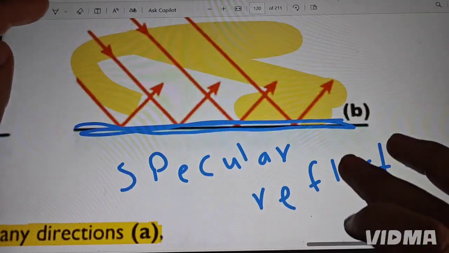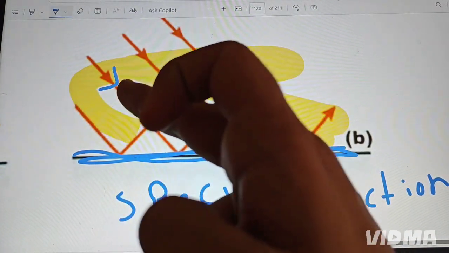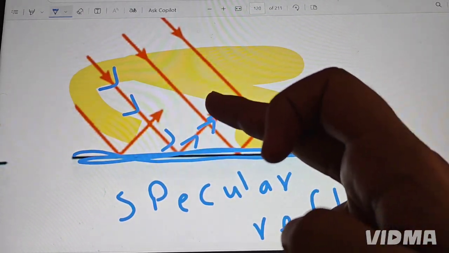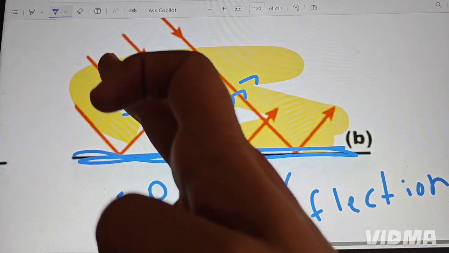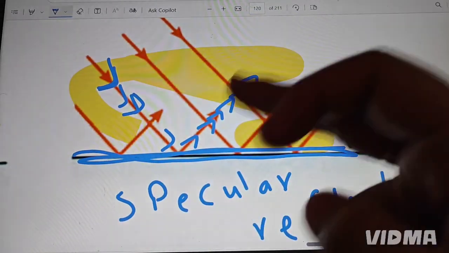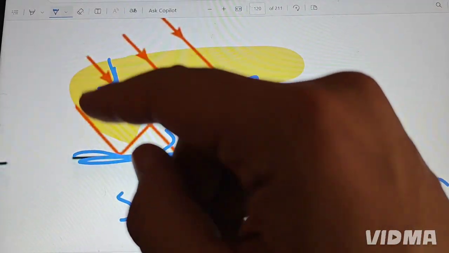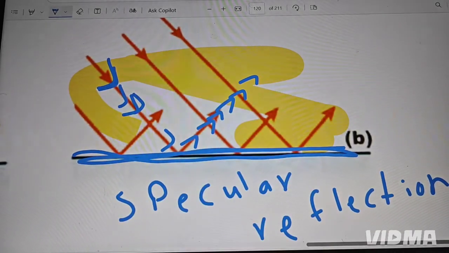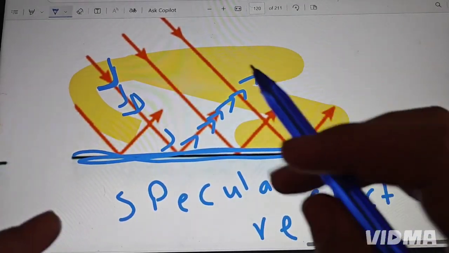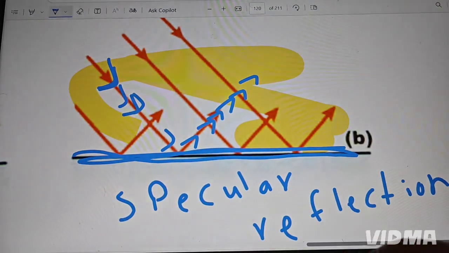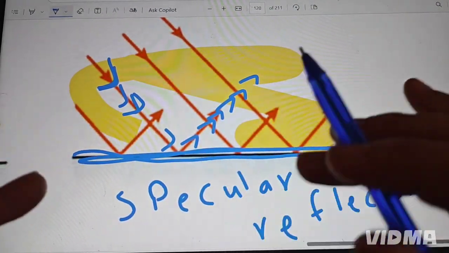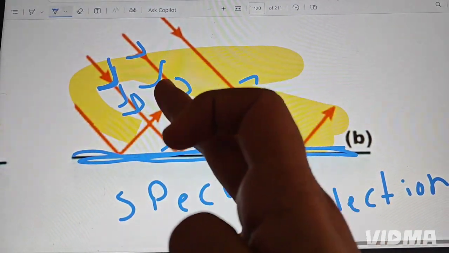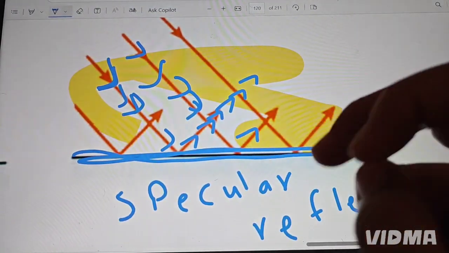When the light comes in that direction, it reflects regularly, the light rays stay arranged, and it is reflected along the same line without being deformed. Look at the direction of the incoming light, this is incoming light, and the light is going to be reflected.